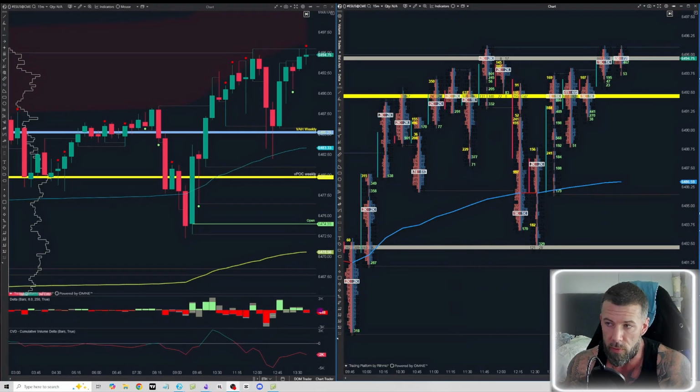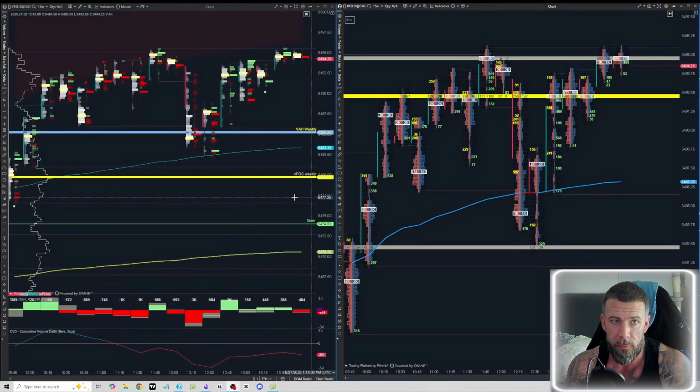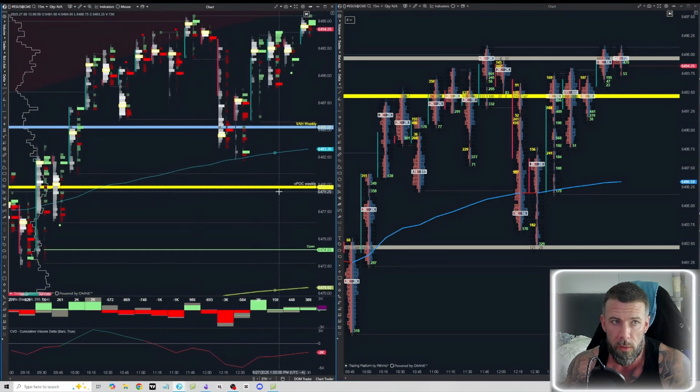So let's go over this real quick. We're going to look at effort versus result. So if we zoom in here, we can see that as price was driving up, CVD is also driving up. Now, I want to show you something.